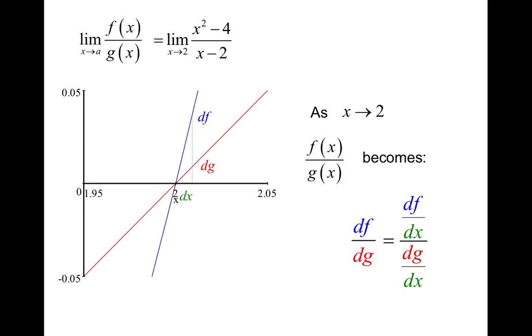And of course the dx's cancel out. And so what I really have is a ratio as long as I started out 0 over 0. This ratio becomes the same as f prime of x over g prime of x. Whoa.